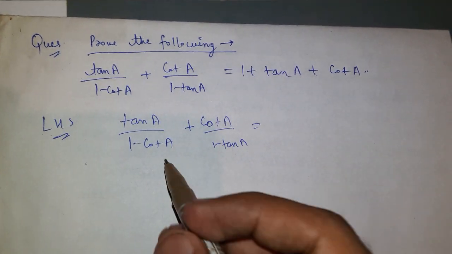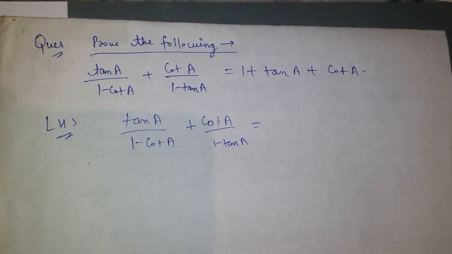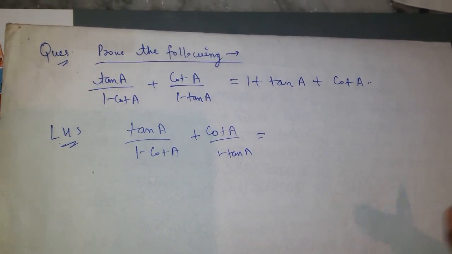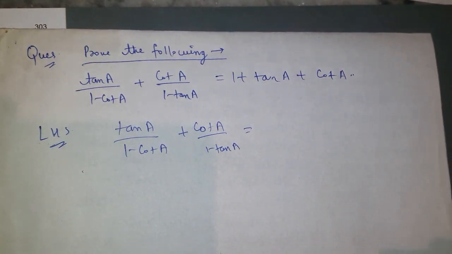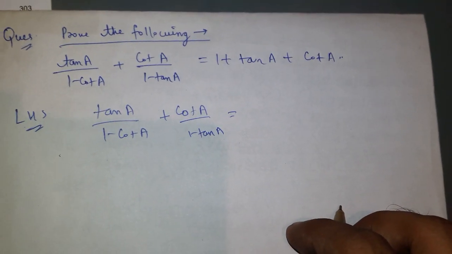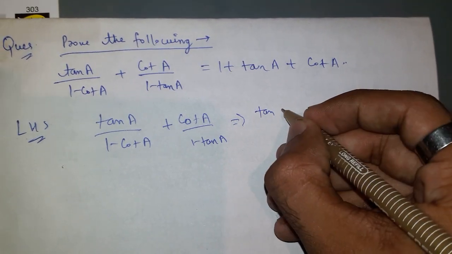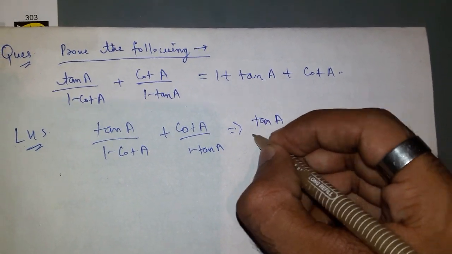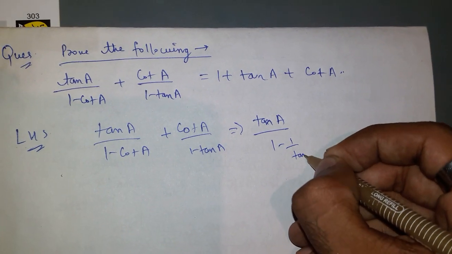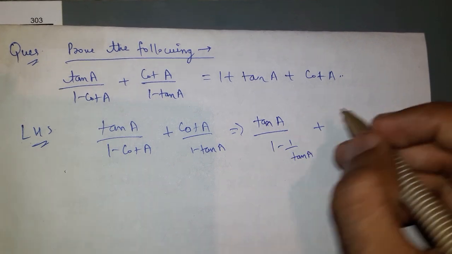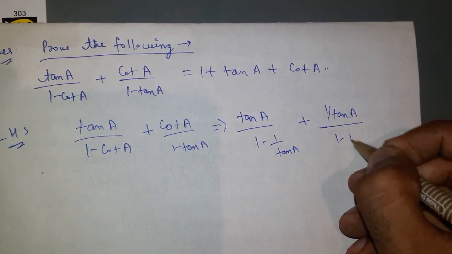First of all, we have to convert cot in terms of tan, so that we can solve this expression further to get the exact result, 1 plus tan A plus cot A. So we write this expression as tan A upon 1 minus, where cot A can be written as 1 upon tan A, plus cot A, which is again 1 upon tan A, divided by 1 minus tan A.